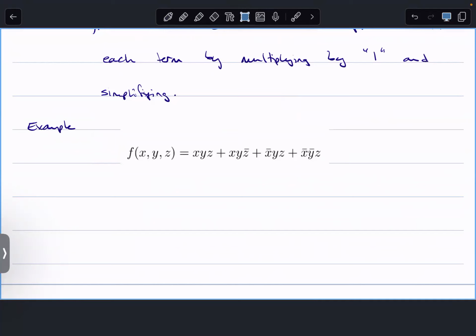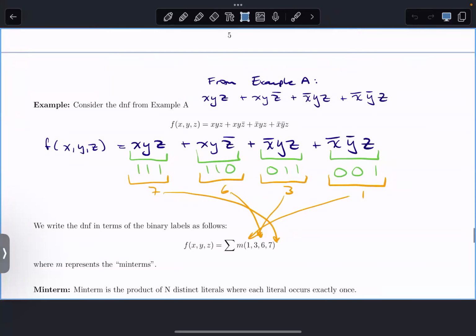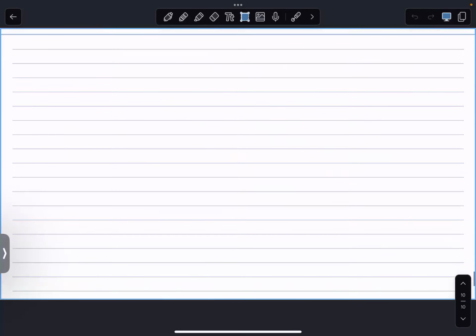No, this one's bad, because it has all the terms. Sorry, didn't catch that. That's about the min terms.